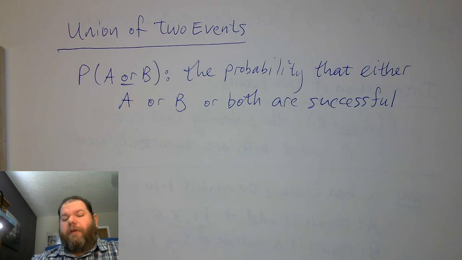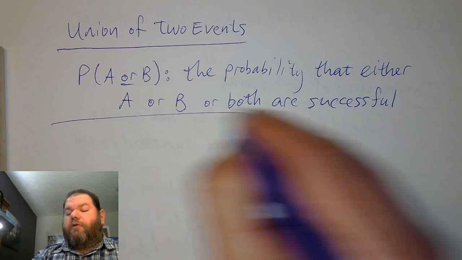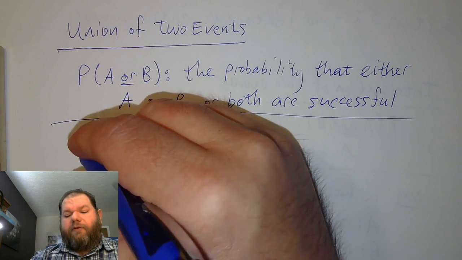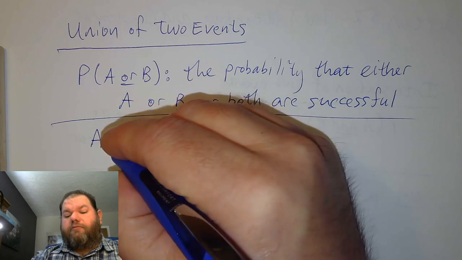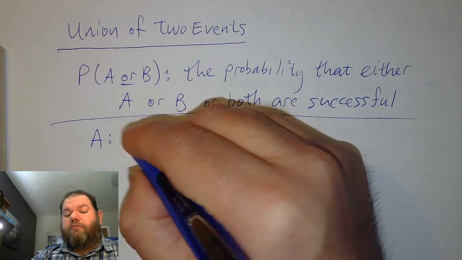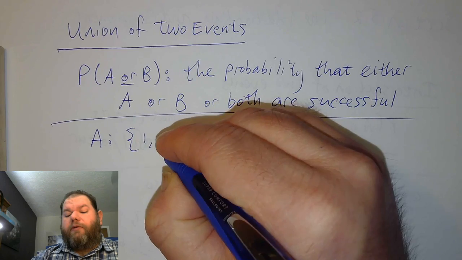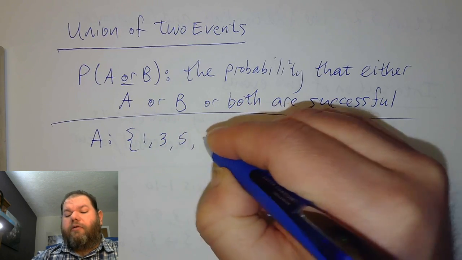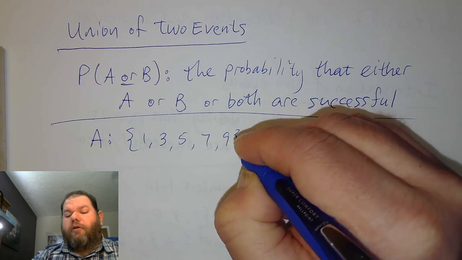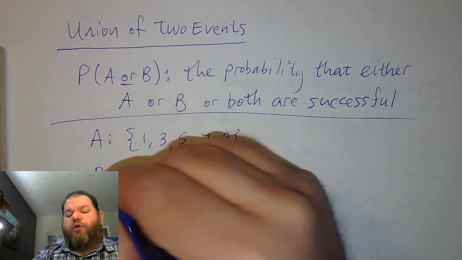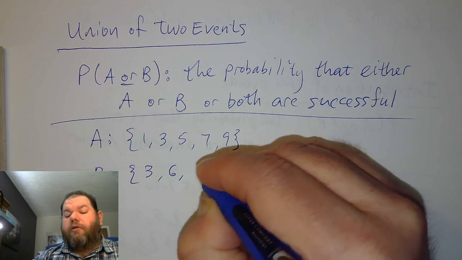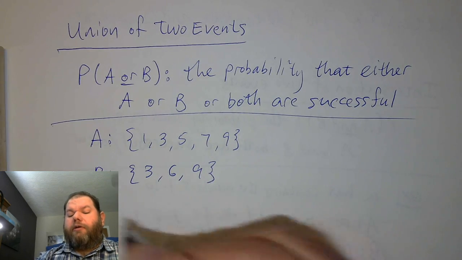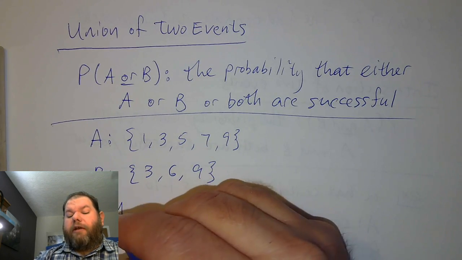So going back to our picking numbers from a hat, if event A is our odd numbers, and event B is our multiples of 3, what's the probability of A or B?